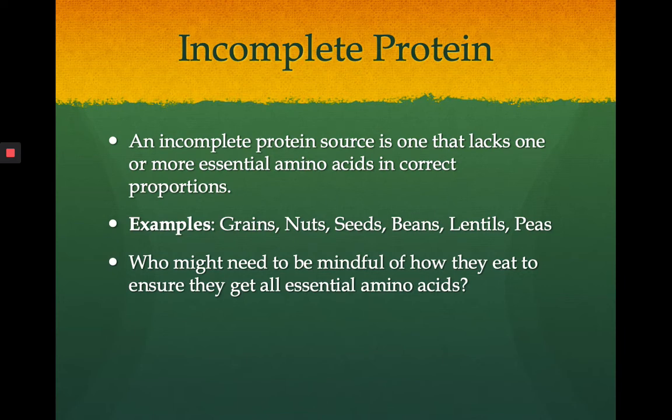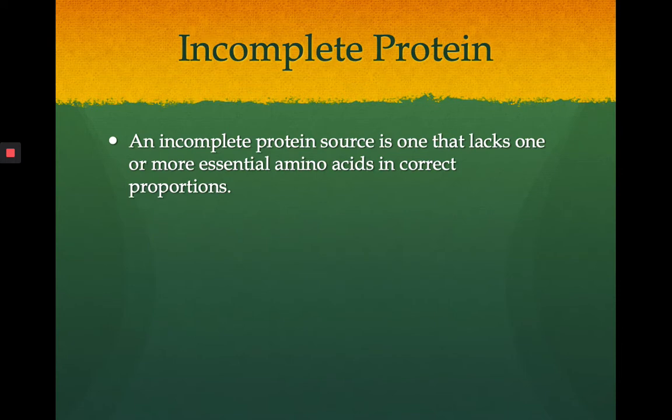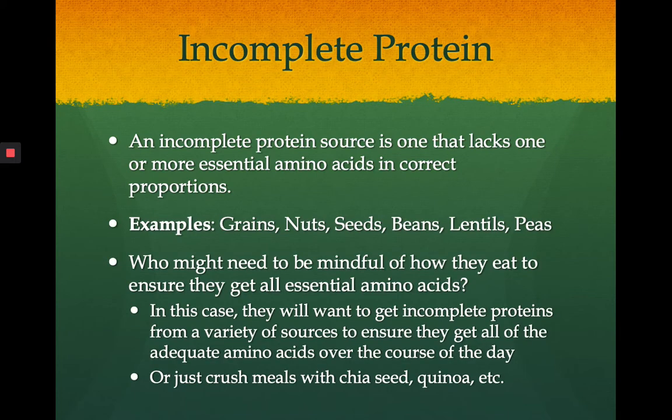So if you said vegans or vegetarians, certainly there would be a greater challenge there because they're limiting the amount of complete protein sources available to them. Recall when we look here, there's a great deal of animal-based complete proteins, but when it comes to plant-based, the list gets a lot shorter. So someone who's a vegan or a vegetarian would struggle with this. All right.